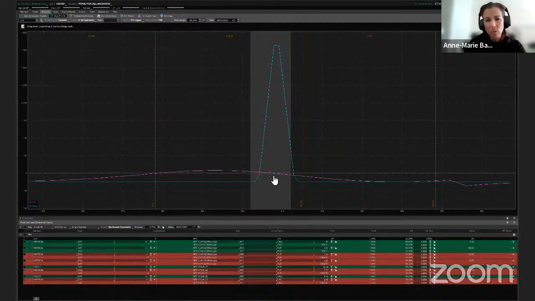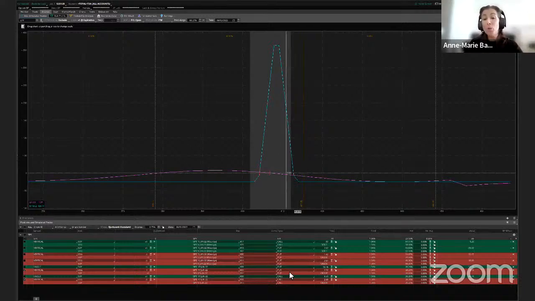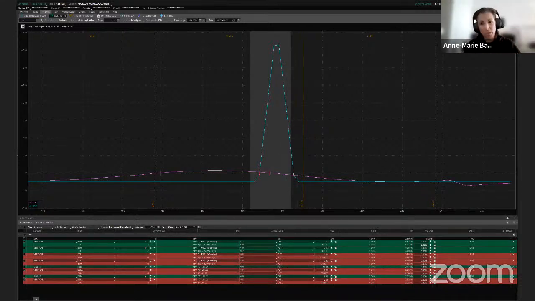Okay, so a butterfly would only give us an opportunity on either the call side or the put side. The moment you have calls and puts, it becomes an iron condor. Now, this would be an iron butterfly, for those of us who remember that band from way back in the day.